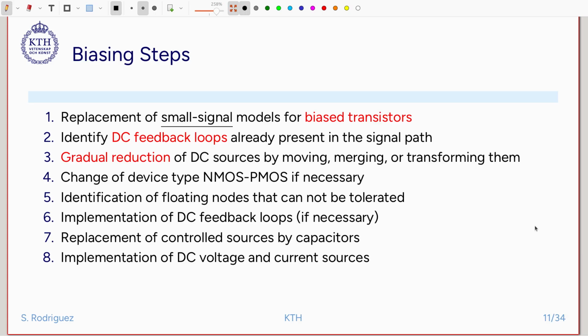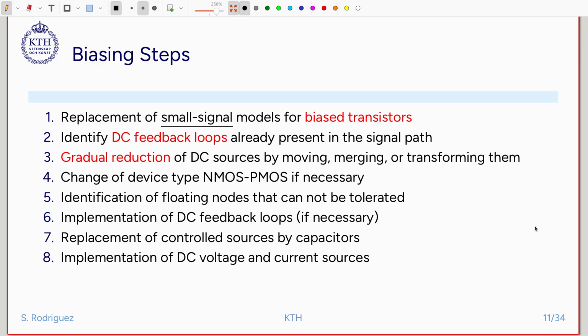Then I can identify the floating nodes that cannot be tolerated. There are a number of floating nodes, for instance those that are controlling gate to source voltages. There are some that might not be possible to change. And then I might need to implement a DC feedback loop, for instance if I cannot use the DC feedback loop already present in the design.